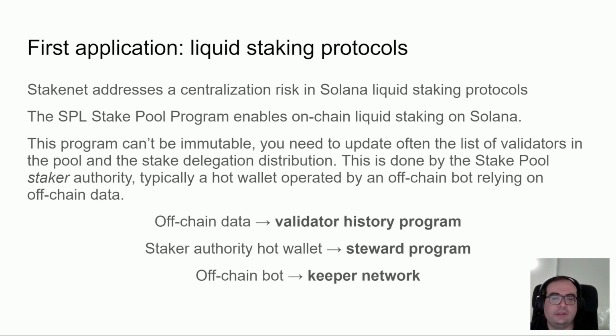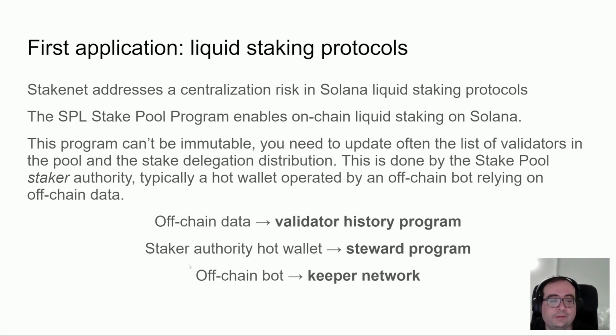Based on this off-chain data, the bot decides how to modify the list of validators or the delegation distribution. This is centralized, because you rely on a team, and also it's not very transparent, because with the off-chain data it's not necessarily clear what the delegation logic is.